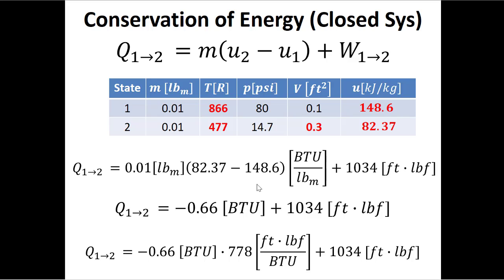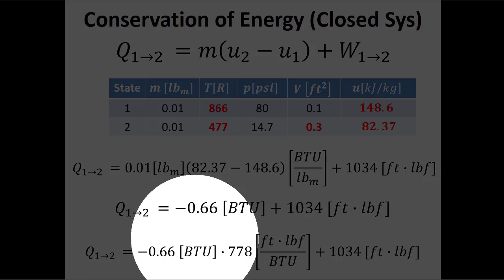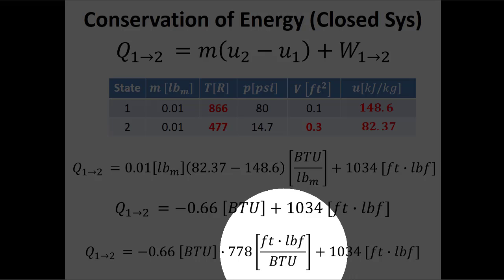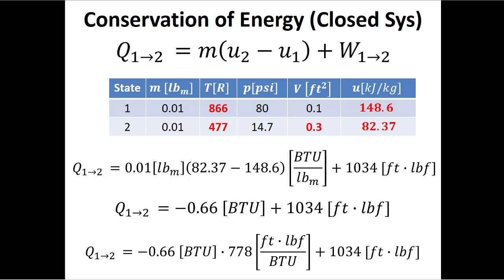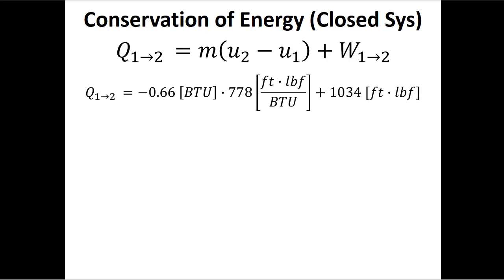If you don't love the metric system yet, you certainly will after you do some more imperial problems in this class, because these conversions make no sense. There's 778 foot-pounds in a British thermal unit. We're trying to get rid of these British thermal units, so we put British thermal units here on the bottom, and there's 778 foot-pounds in a BTU. So now my BTUs will cancel.